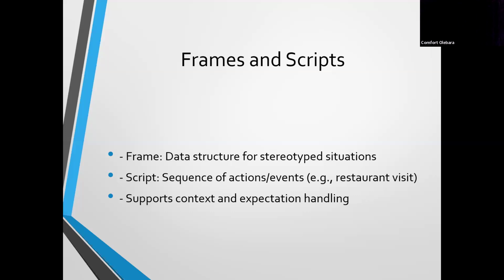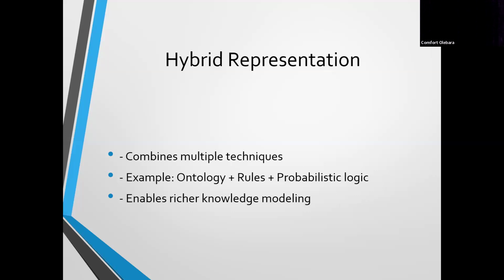Then when you hear script, of course you're talking about the web. Then hybrid representation. When we say hybrid representation, we are talking about these techniques that we've listed. Either you're looking at rule-based or ontology, which is web-based or system-based, or those logic-based, but you're not using just one this time.